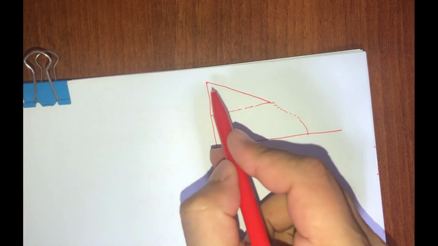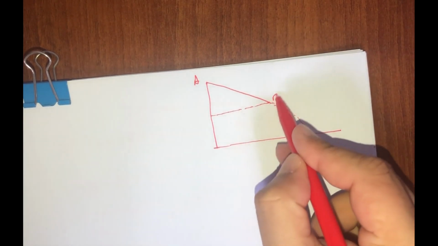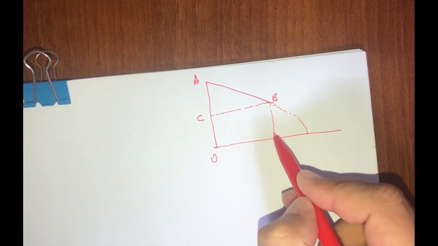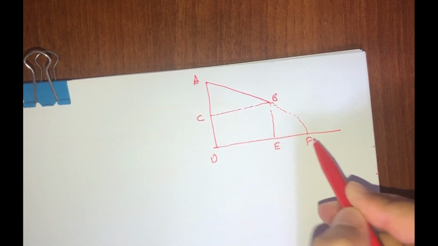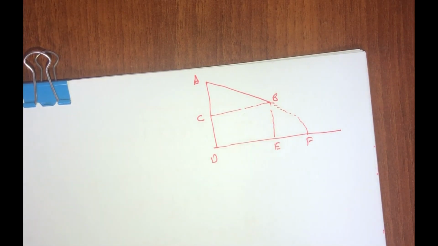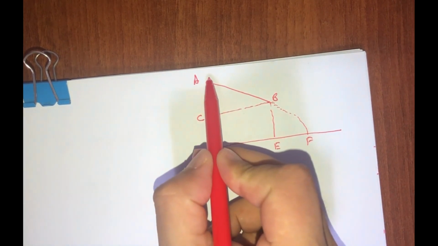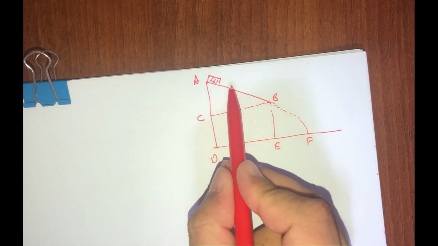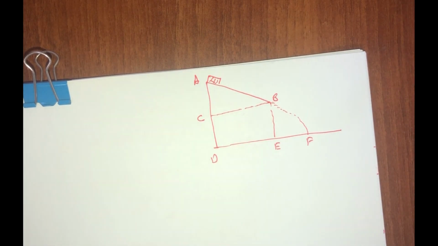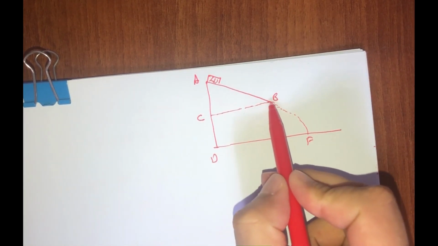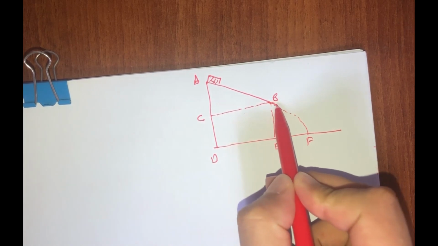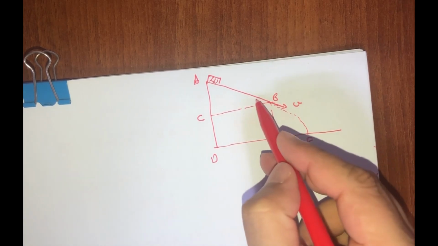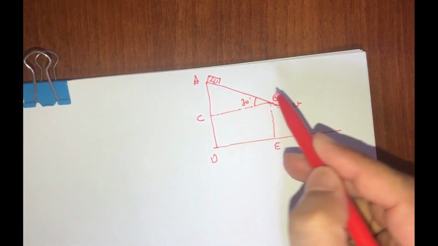So let us call this point A, this point B, this C, this D, and this E, and this point F. So the ice is at point A and it starts to slide across this slope AB, and ultimately after point B it projects itself with the velocity V, and its angle is given as 30 degrees.